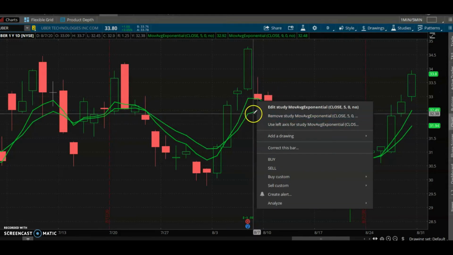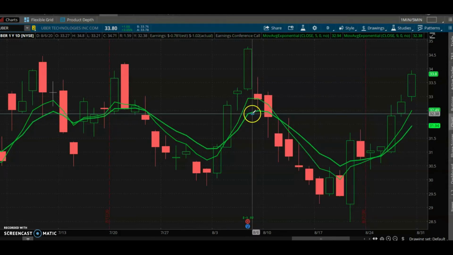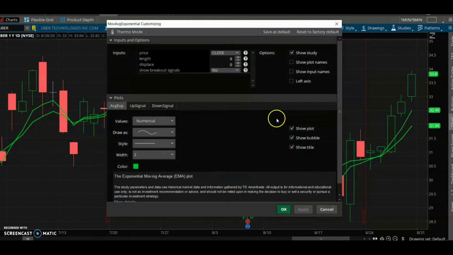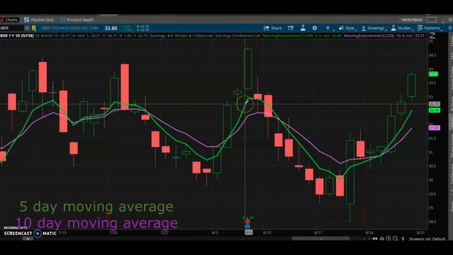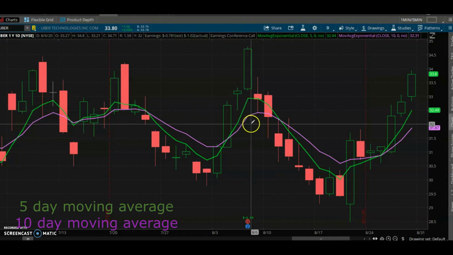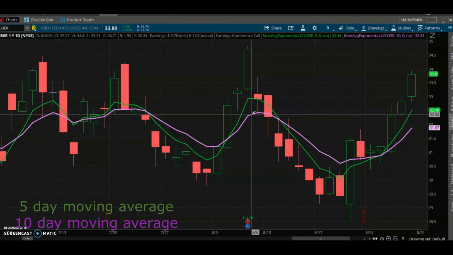And now I'm going to take this bottom one, edit it and turn that into a 10-day moving average, and I'll change that color to magenta. Apply. Okay, so what we have now is 2 moving averages. The green one is the 5-day moving average. The purple one is the 10-day moving average.